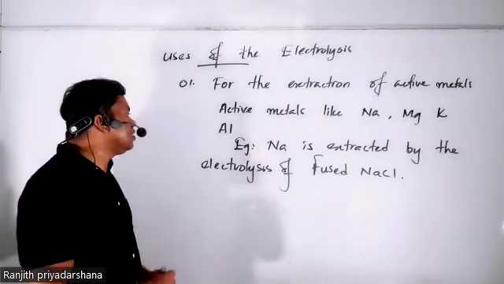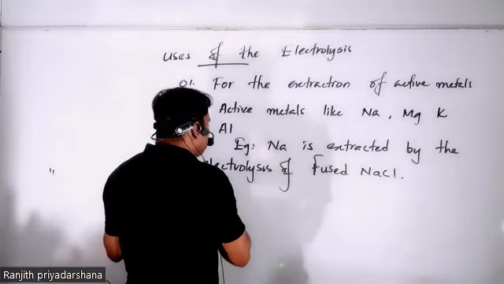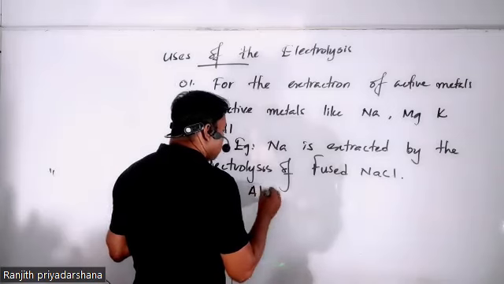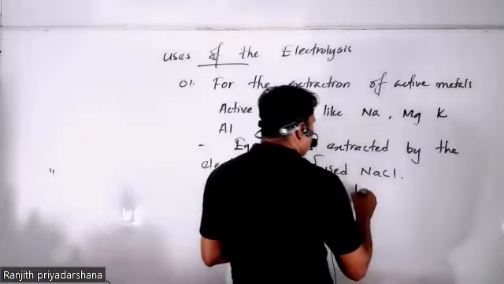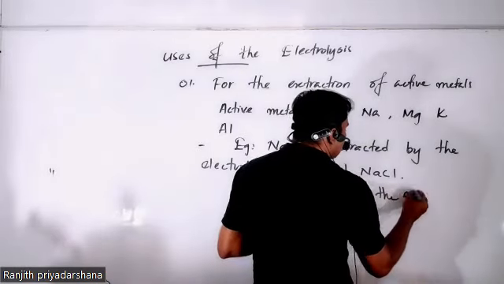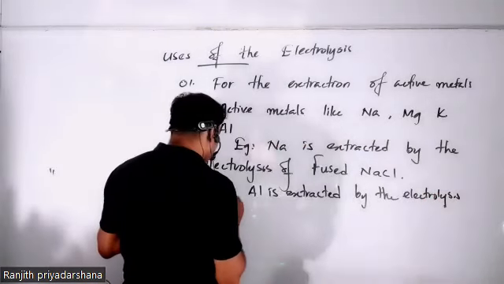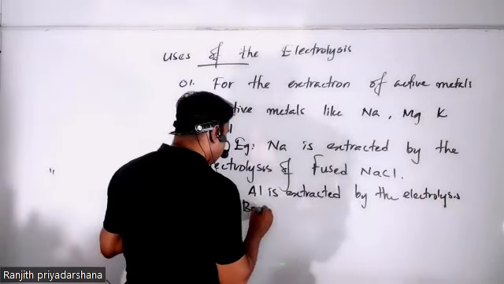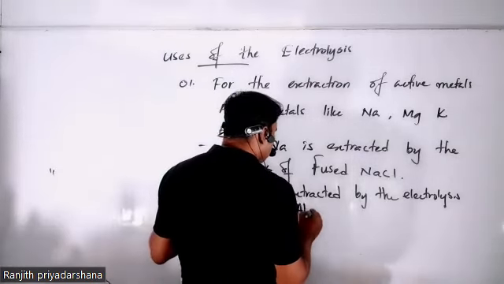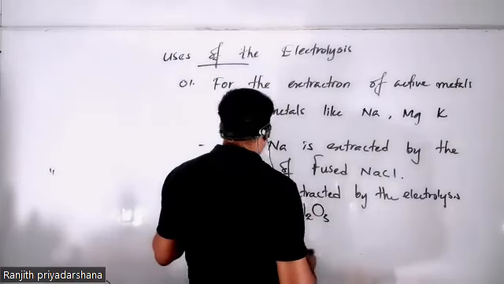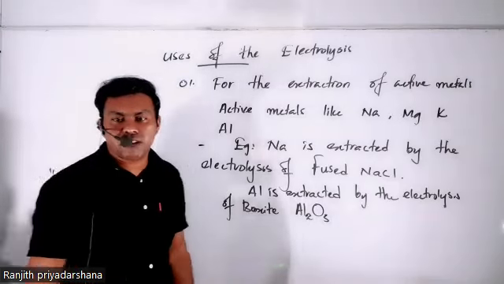Next thing you learned: aluminium extraction by the electrolysis of bauxite. Bauxite, so this means alumina. We do that in a Hall cell.